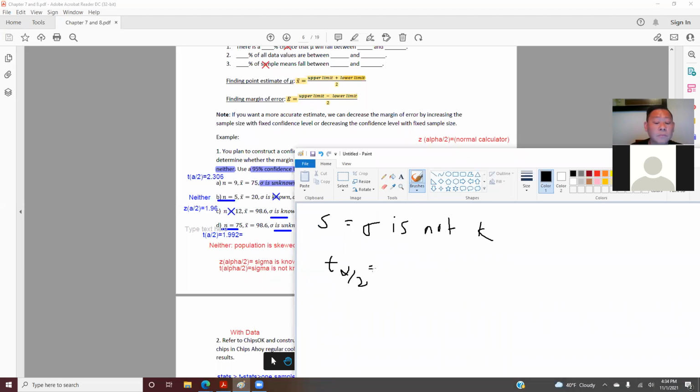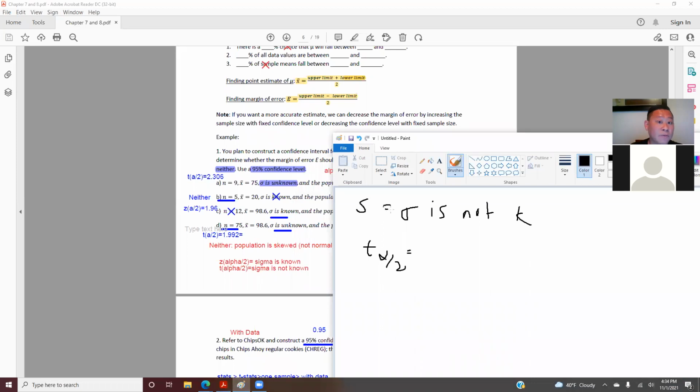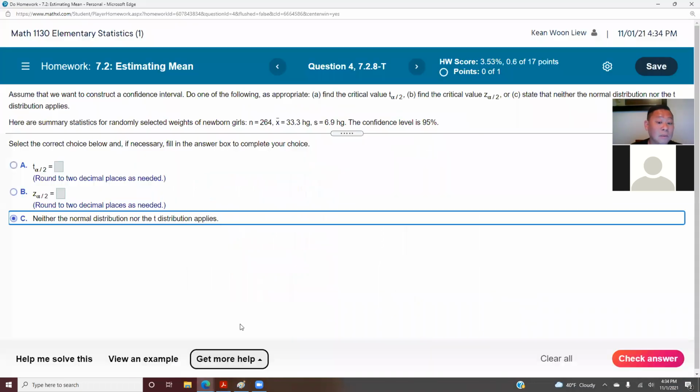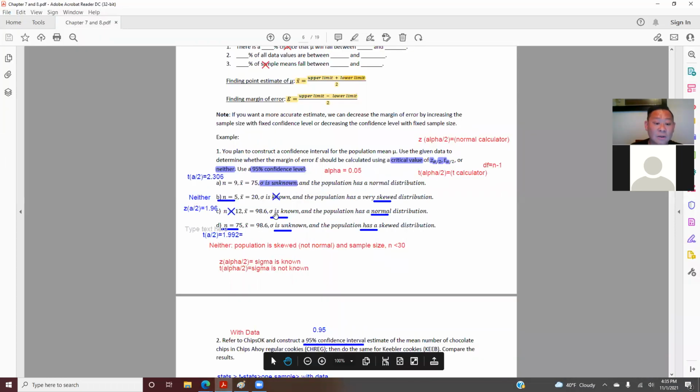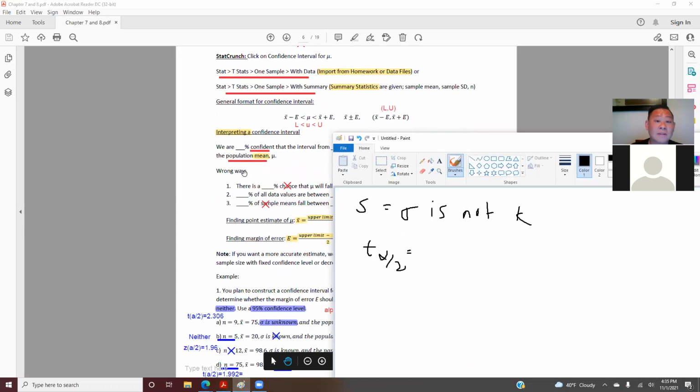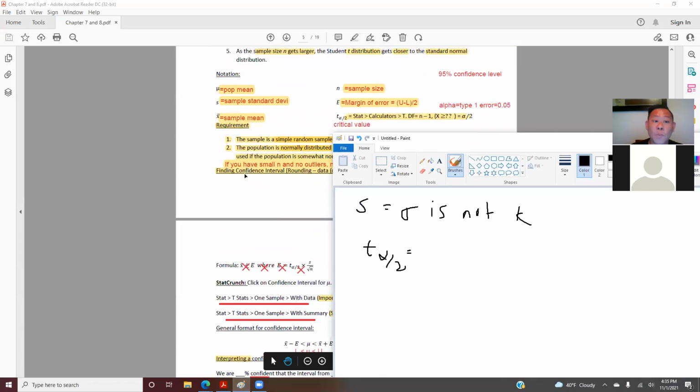Wait, but I thought sigma was known because it gave you S. S and sigma are two different things. Oh, this is S, not sigma. Sigma looks like this little 6 in there. This is called sigma. There are two different symbols. I thought they were the same. Nope.